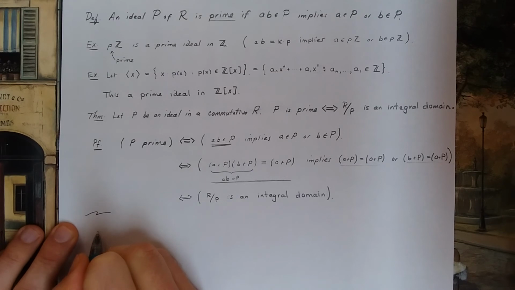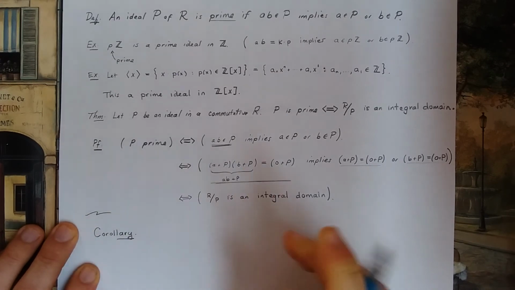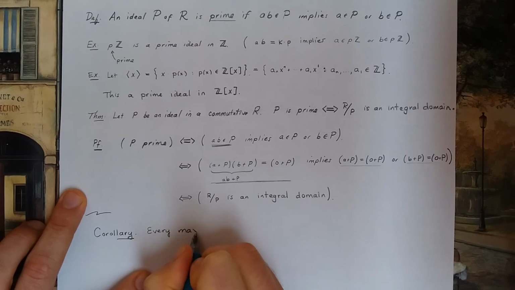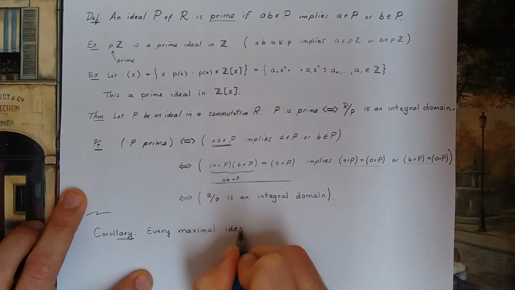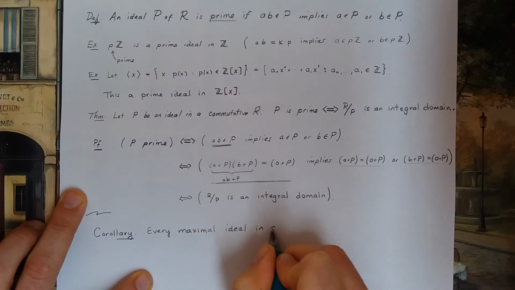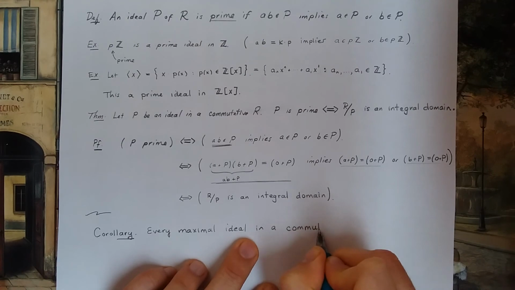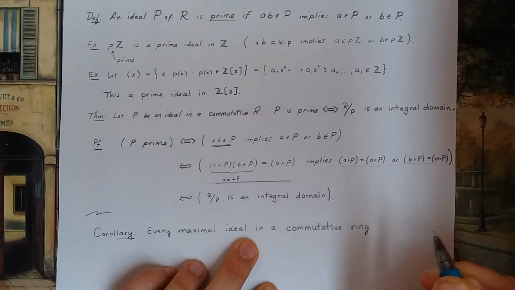Let's write down a corollary to finish this video. Corollary. Every maximal ideal in a commutative ring is prime.